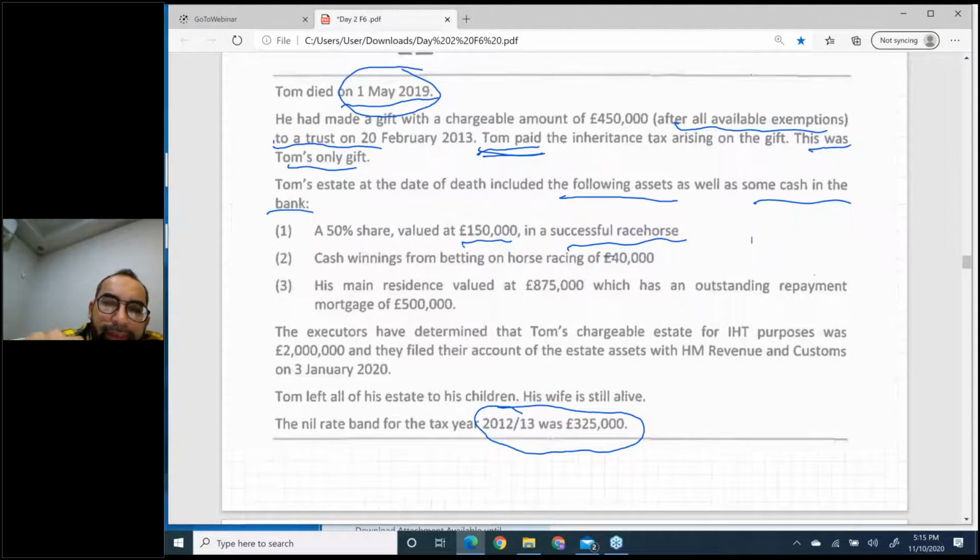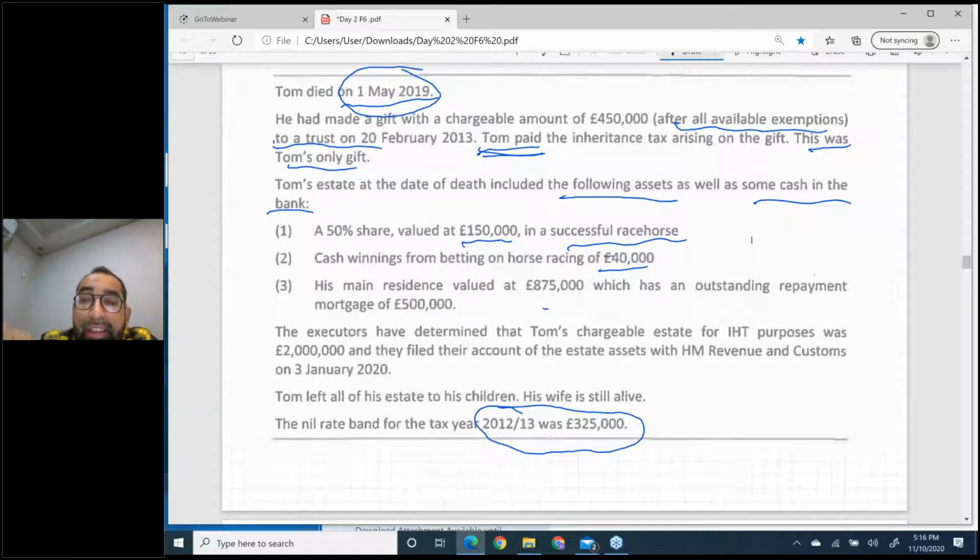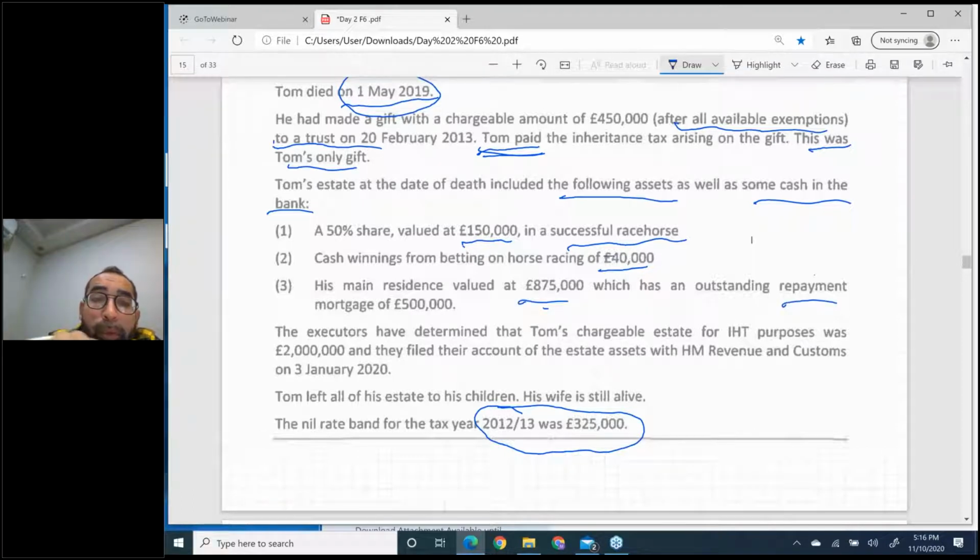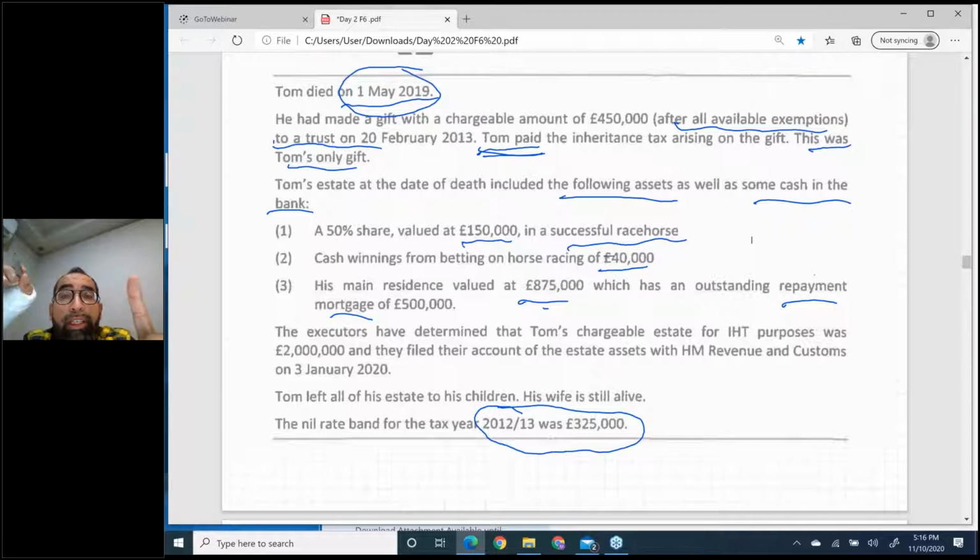Then cash winnings from betting on horse racing, 40,000. Yes, this is your asset, you will include. Now number three, it should click in your mind. His main residence valued at 875,000, which has an outstanding repayment mortgage. That means normal mortgage, please, it's not an endowment mortgage.